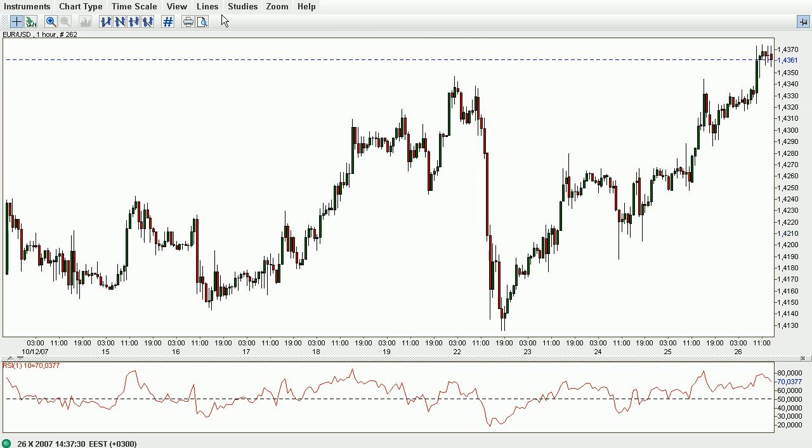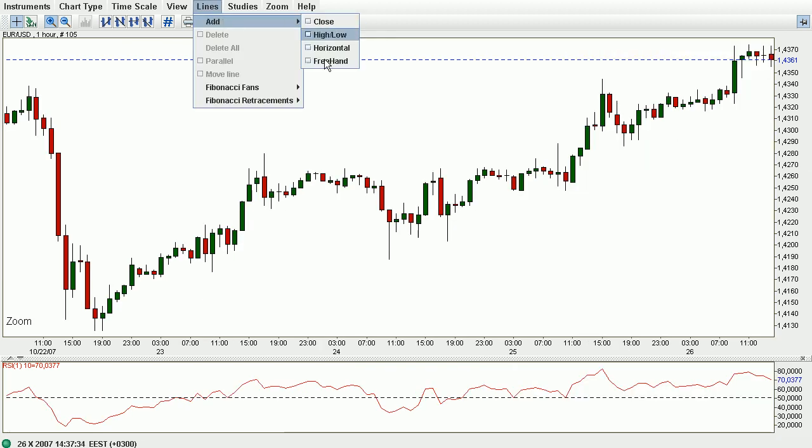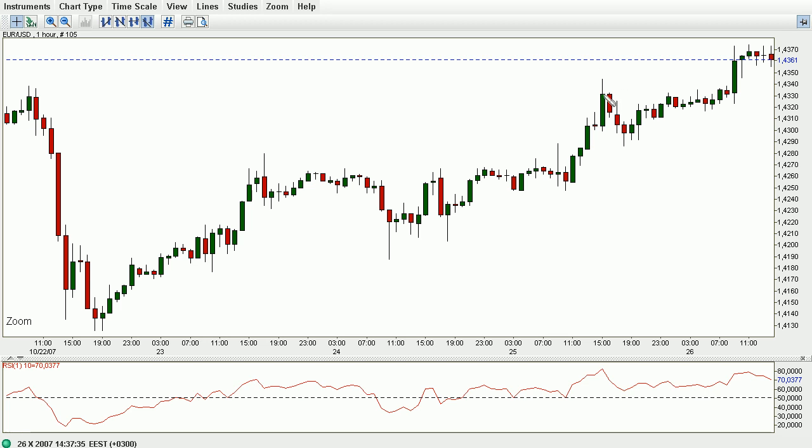Okay, so we can see that on this chart we had an ascending triangle which formed, and this triangle lets our price action go to the upside, favoring the bulls. We can see this triangle here like that.